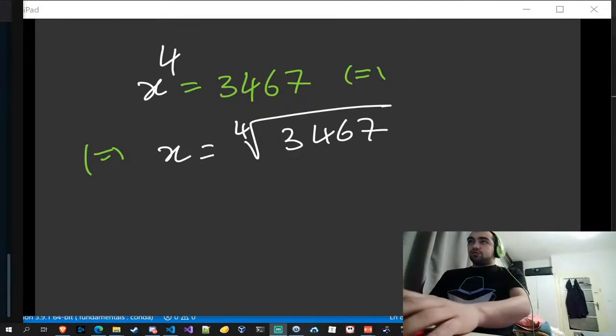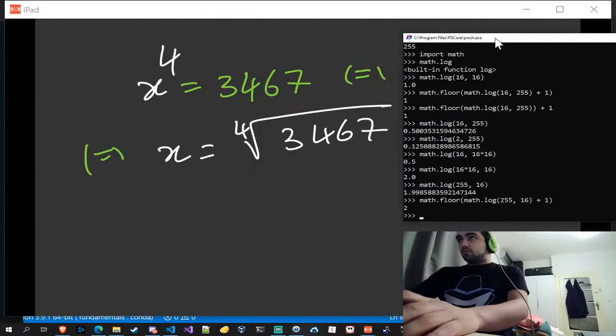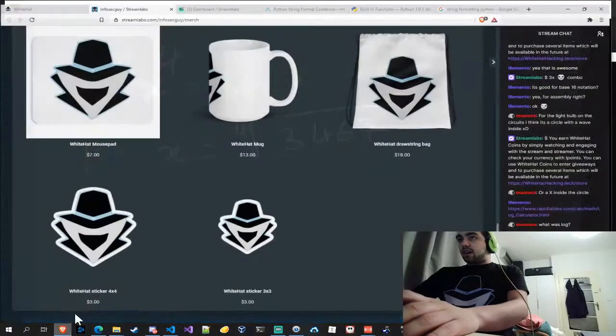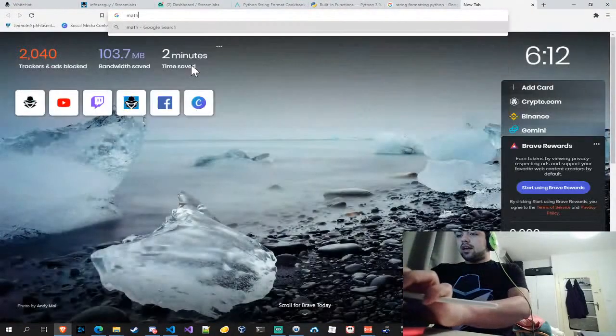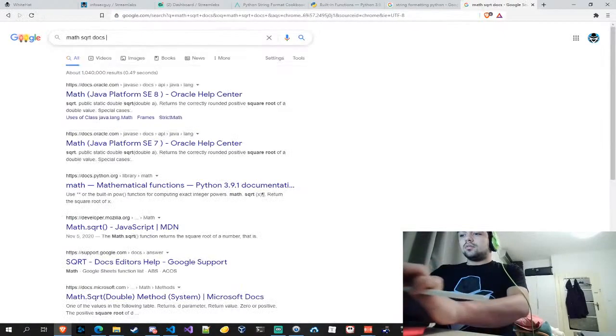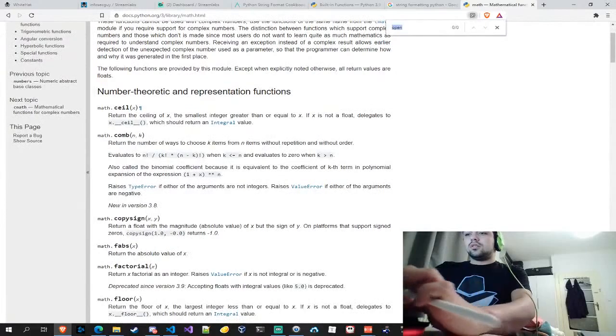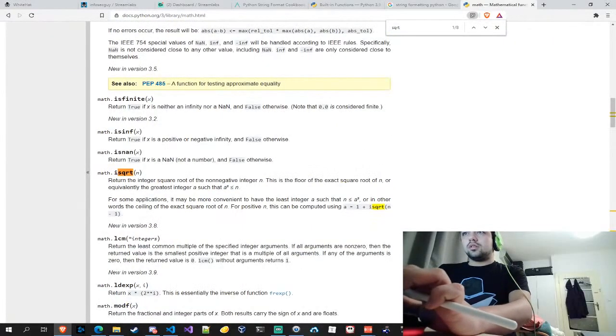And we can compute this too. I actually have to look up the documentation for it, so Python math square root docs.